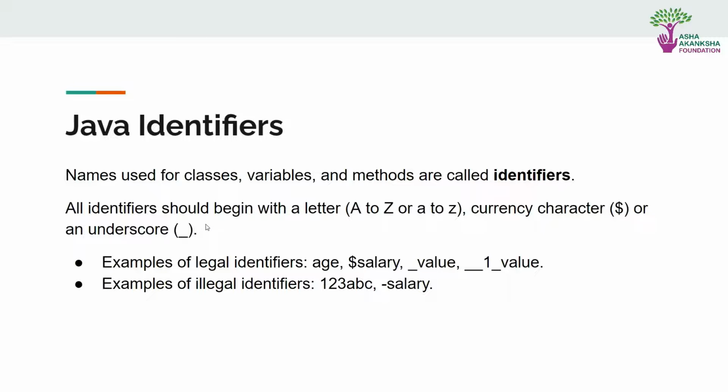Here are some examples. Age is a valid identifier, and $salary is also a legal identifier. Similarly, multiple underscores are all possible. But if you start with a numeric like 1, this is not a valid identifier. Similarly, we cannot use a hyphen sign.